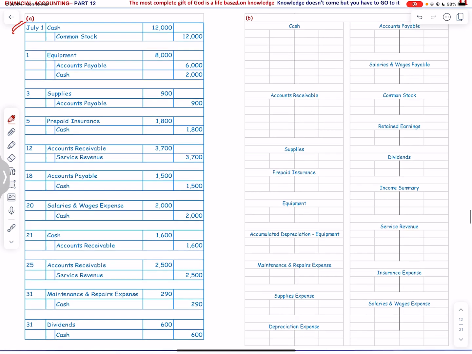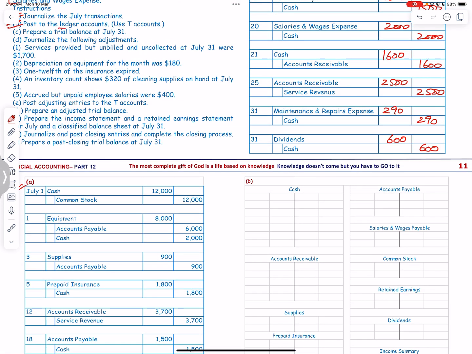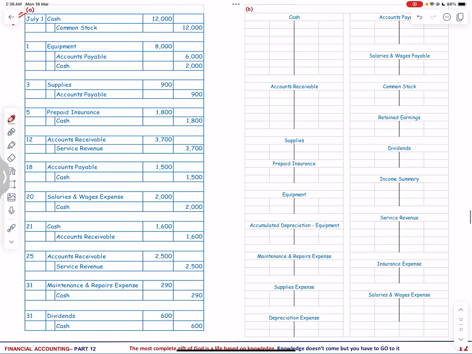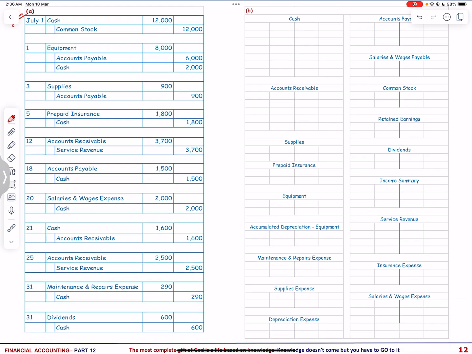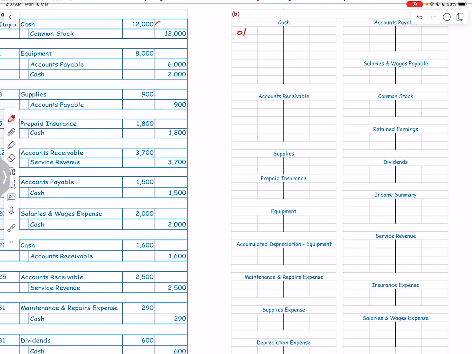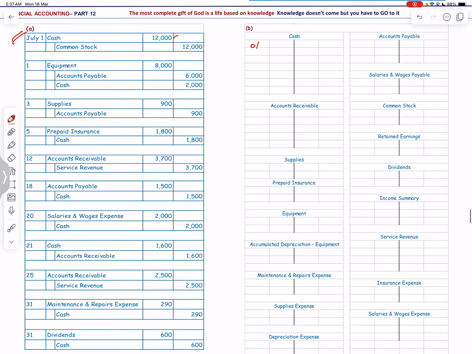So cash on July 1. Cash is debited by 12,000 and common stock is credited by 12,000. Then we have an equipment account on July 1, and equipment is debited by 8,000.